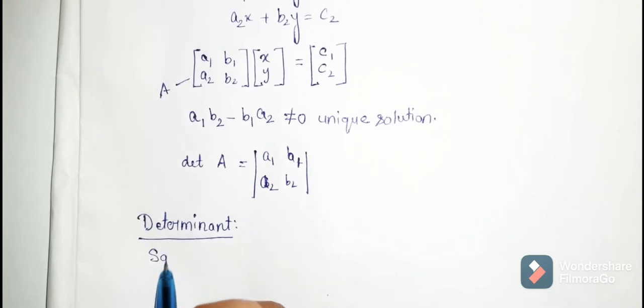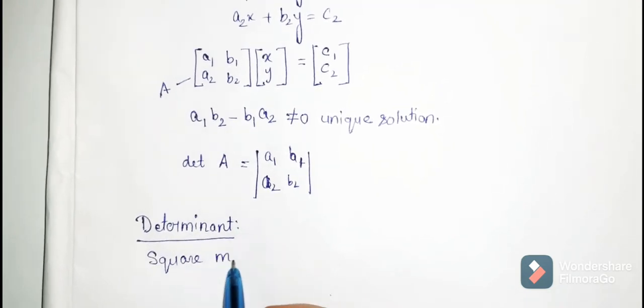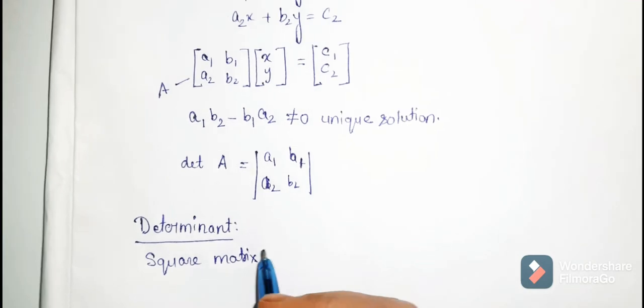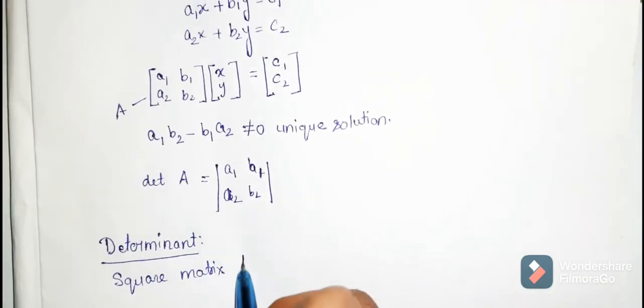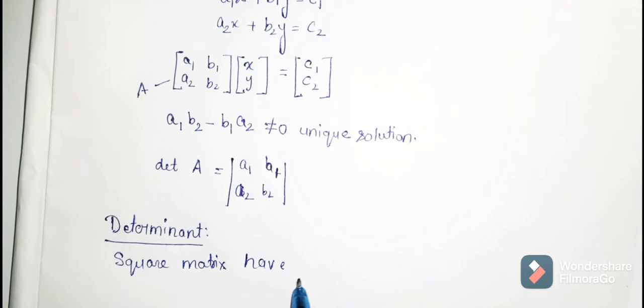So one thing is very important: square matrices have determinants.